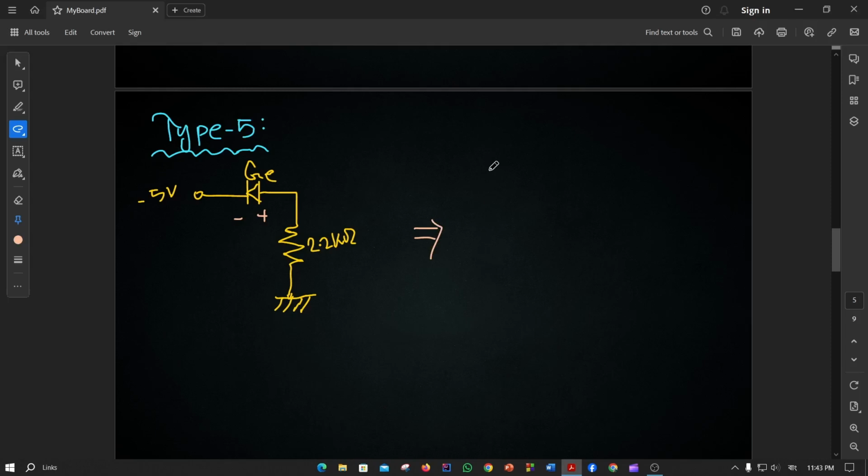So the diode will be like this. There will be 0.7, which is negative, as you can see.